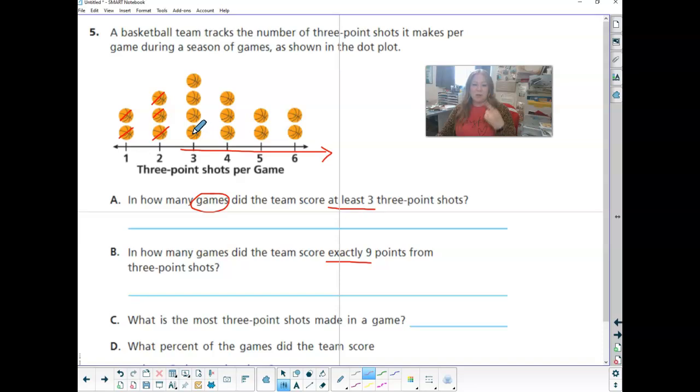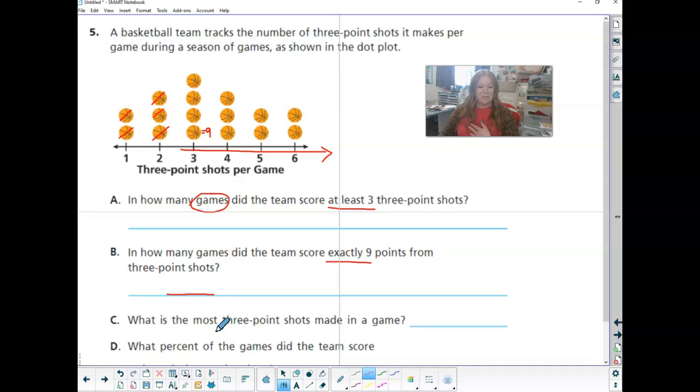Here they scored 3 3-pointers, 3, 6, 9. So this one is actually 9 points. So each of these games is how many times they scored 9 points exactly from 3-pointers. Whoo! That was harder than it needed to be.